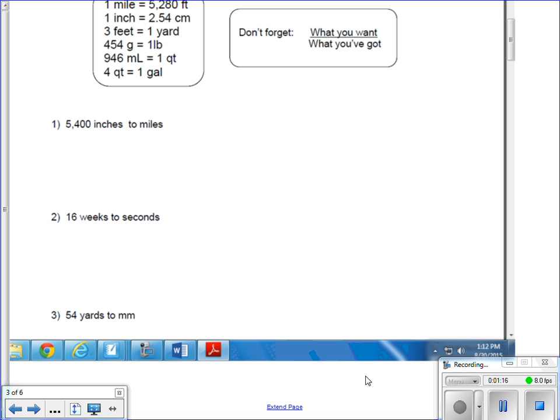Sometimes you'll see them where they'll put the conversion factor and they'll do something like this, and then they come up with an answer. Mine are the same thing. Instead of multiplication signs, I put a line. So both of these are the exact same thing. You'll see it different ways. Don't let that confuse you.